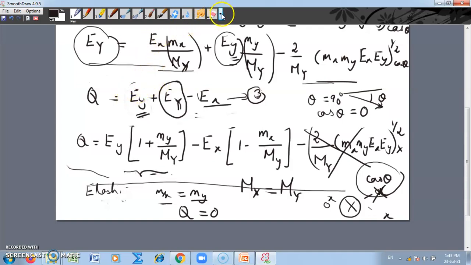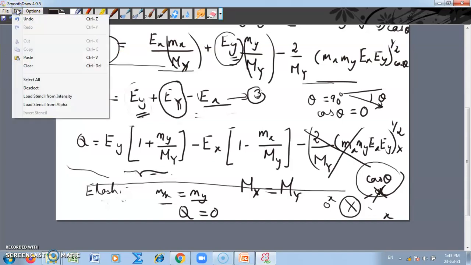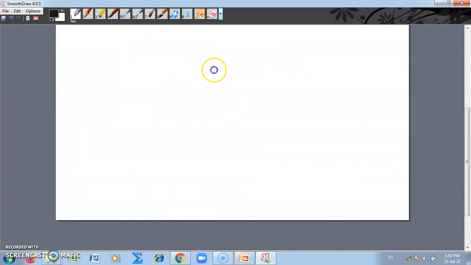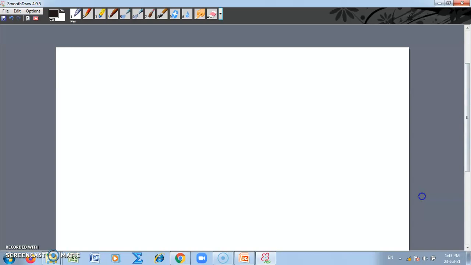Please look at certain small points in connection with the Q value of nuclear reactions, which have been shared for you. Now going to the alpha induced reaction, because we have already seen an alpha induced reaction earlier, I want to start from alpha induced reactions.